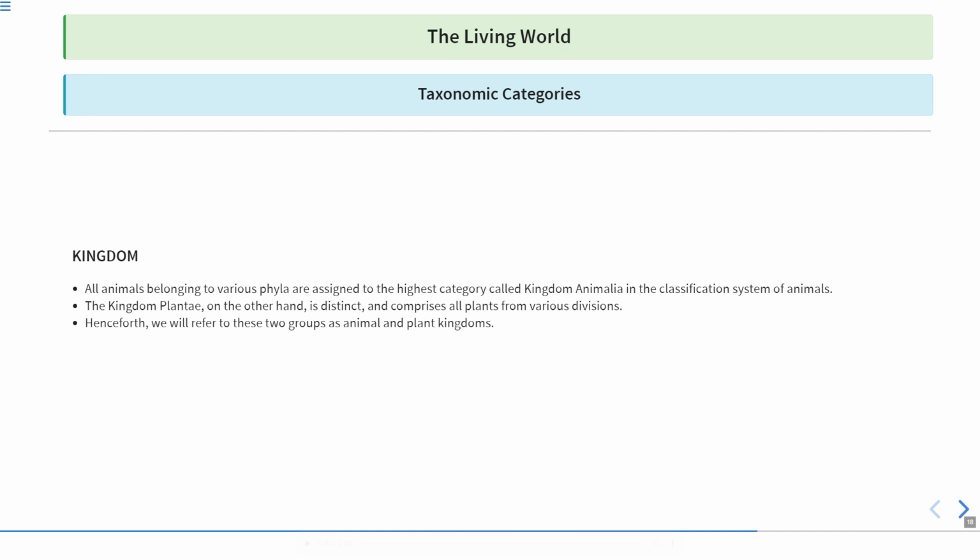The kingdom Plantae, on the other hand, is distinct and comprises all the plants from the various divisions. Henceforth, we will refer to these two groups as the animal and the plant group.